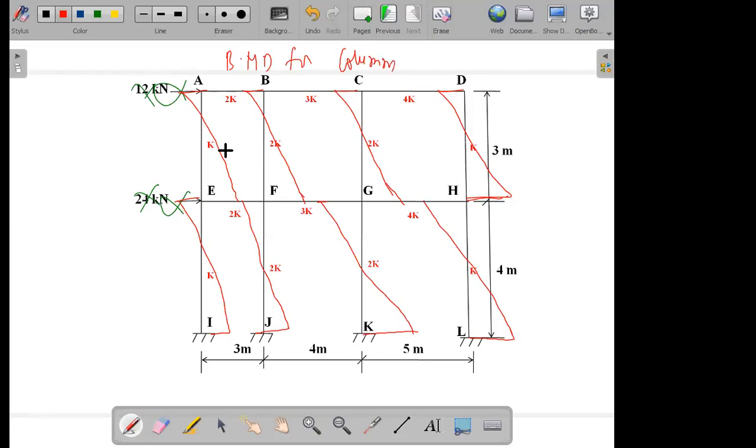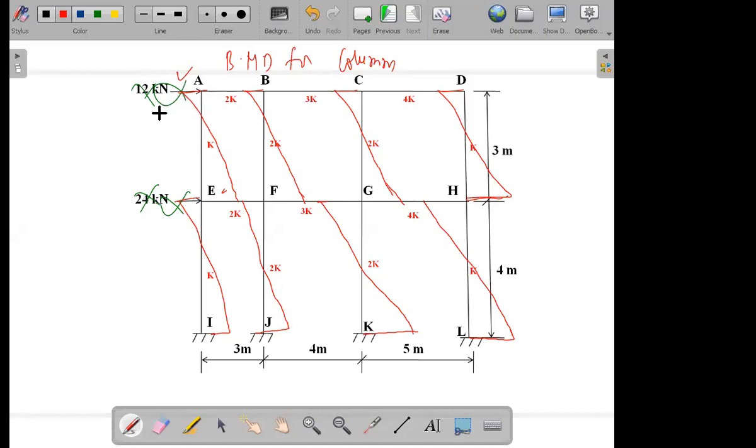See, one more important point. In the previous methods, I told you that I need not mention the value because the value at both ends is the same, so that the point of contraflexure is at the center.